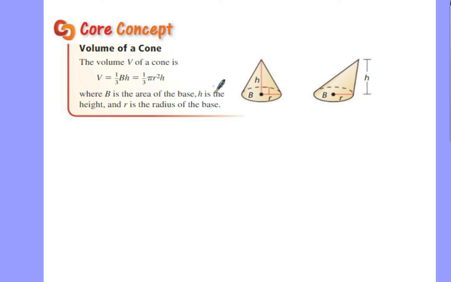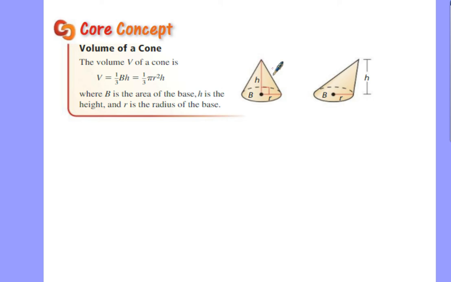If you remember correctly, to find the volume of a pyramid, we showed it by taking three pyramids, and it filled up a rectangular prism that had the same base and the same height.